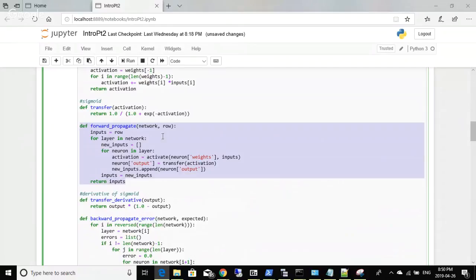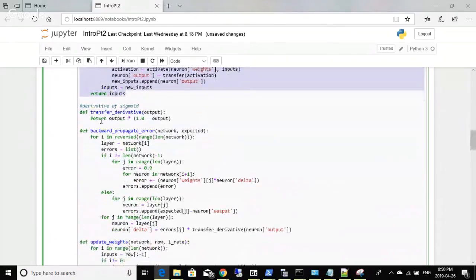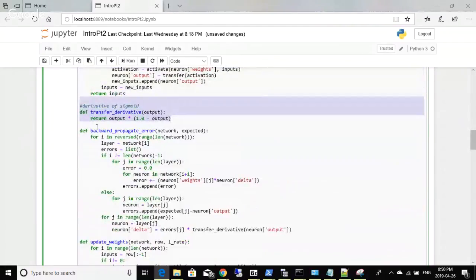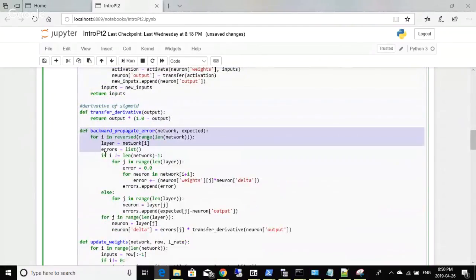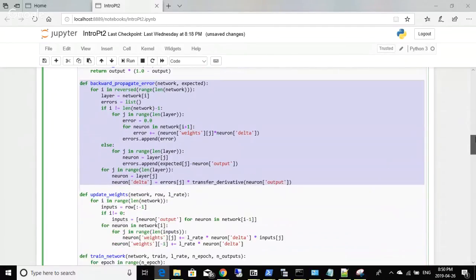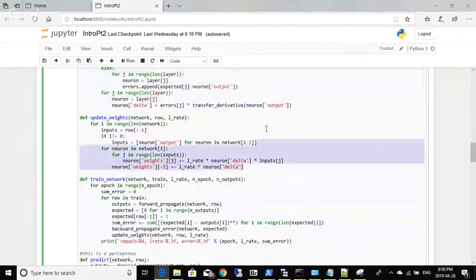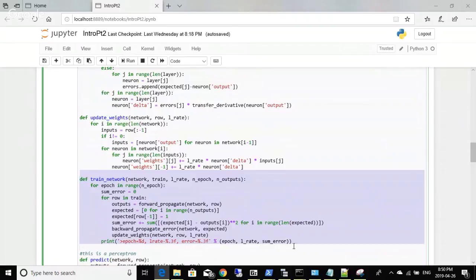This is the forward propagation step, and that's the derivative of the sigmoid function. Backward propagation: propagate the errors backwards and update weights, and this is the training of the network.